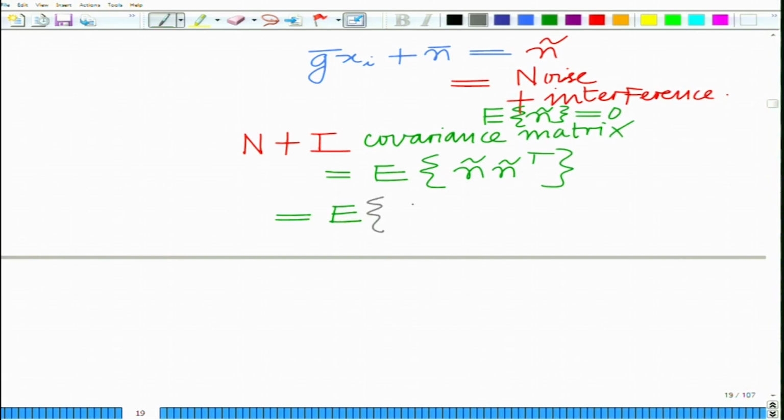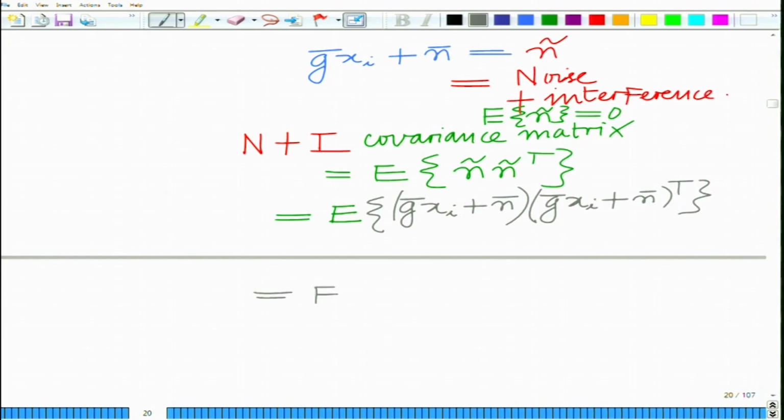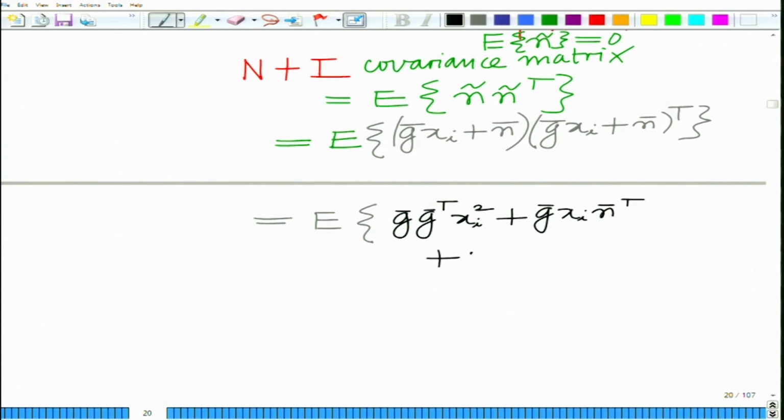which is the expected value of (G bar xi plus n bar) times (G bar xi plus n bar) transpose, which is the expected value of, well, you have G bar G bar transpose xi square plus, let me write this as follows, G bar xi n bar transpose plus xi n bar G bar transpose plus n bar n bar transpose.